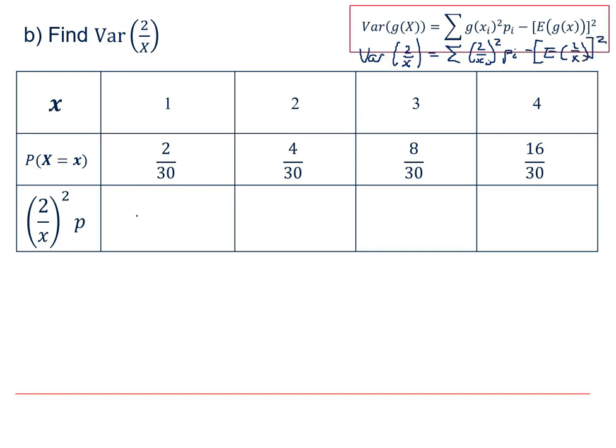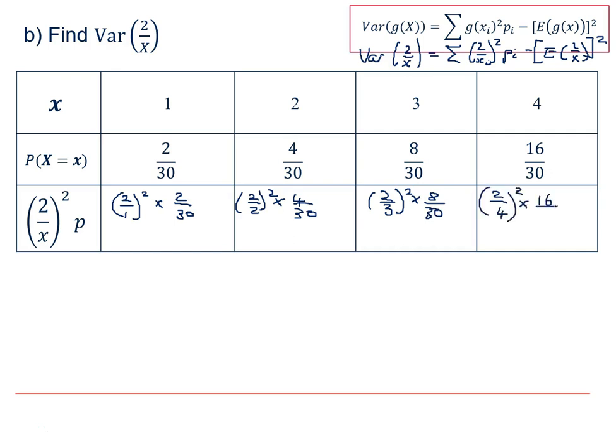So if we focus on our E(X squared), or our E of 2 over x all squared this time, we're going to need 2 over x squared multiplied by the relevant probability, for each value of x.